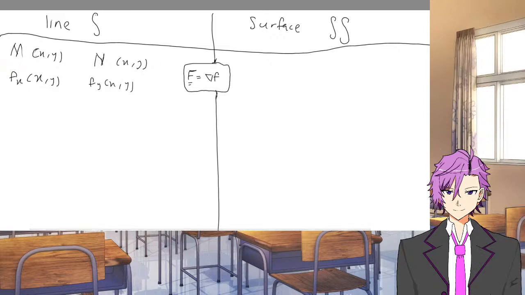So N and M. M would be equal to fx and N would be equal to fy. So since there are a lot of theorems in this, theorems.